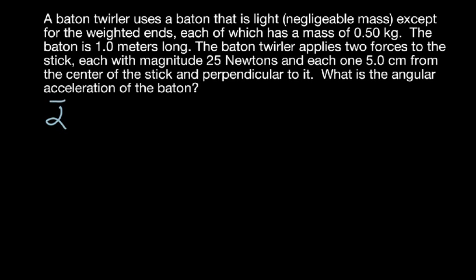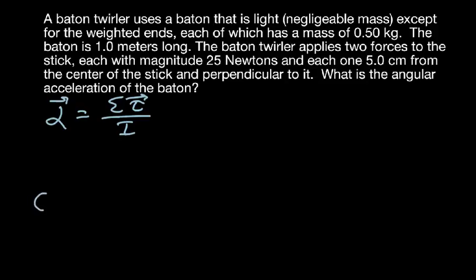Angular acceleration, remember, is equal to the net torque divided by the rotational inertia. Now, we don't have values for torque or for rotational inertia, so we've got a little work to do before we can get either of those. Once we have those, it's pretty easy to plug those in and find the angular acceleration.